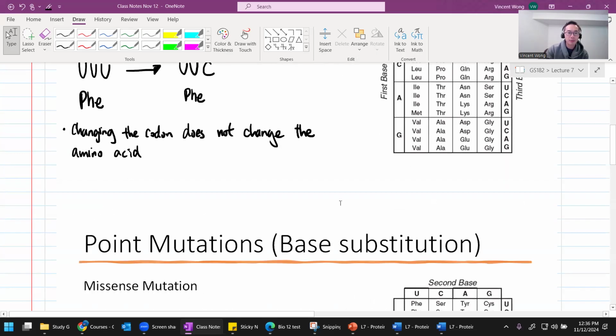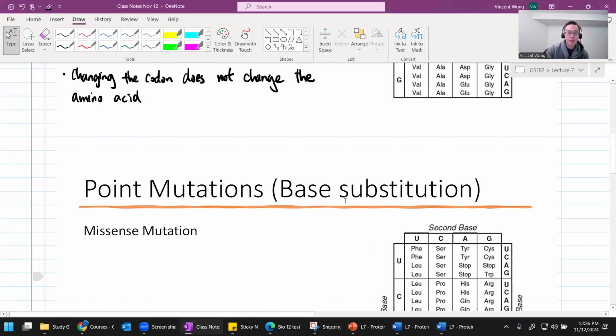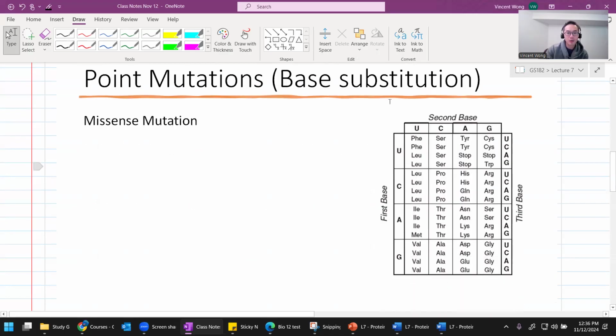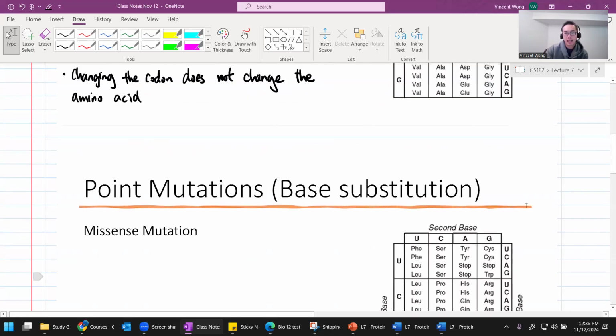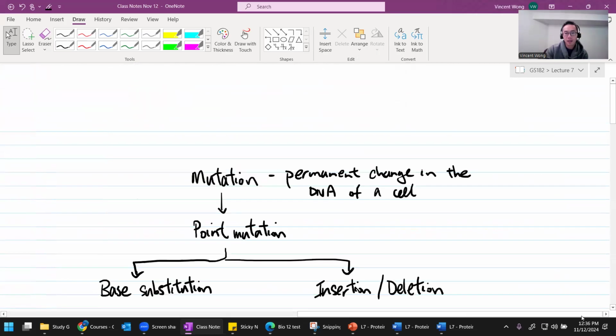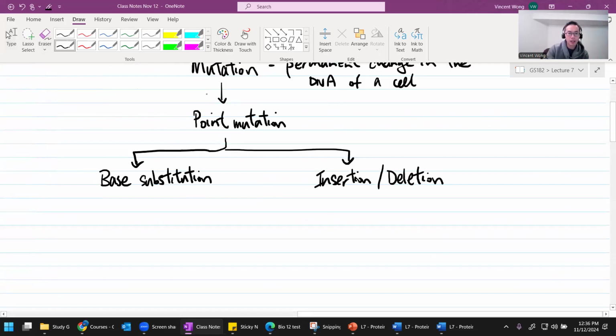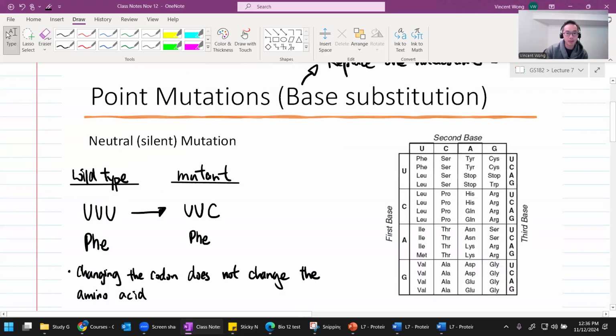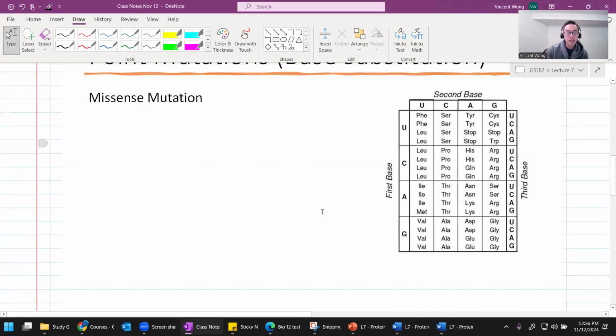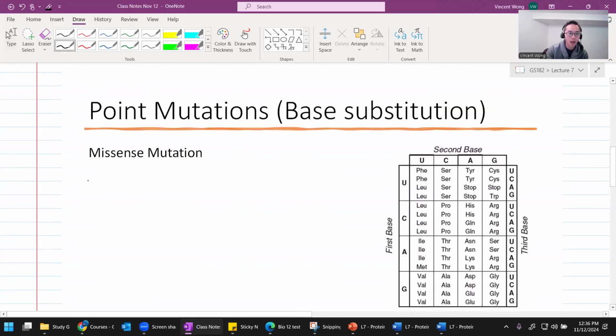Let's do another example. We are still doing base substitution. Remember back at the beginning, we are learning what's called point mutation. It happens at a single location. And there are two different types, base substitution or insertion deletion. We're still talking about base substitution. So here we have our wild type again.